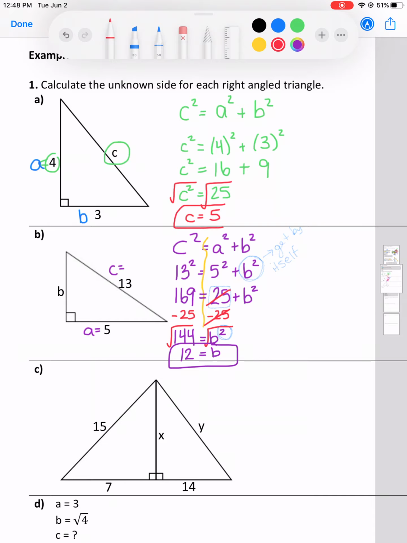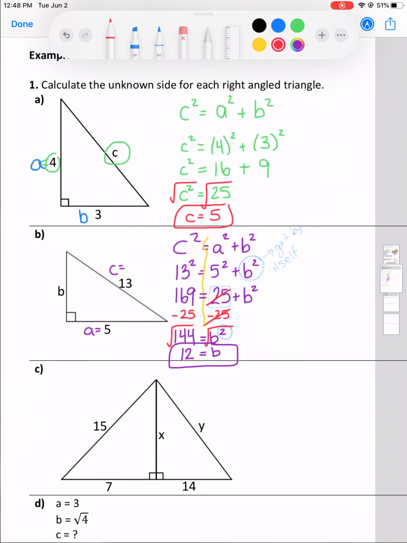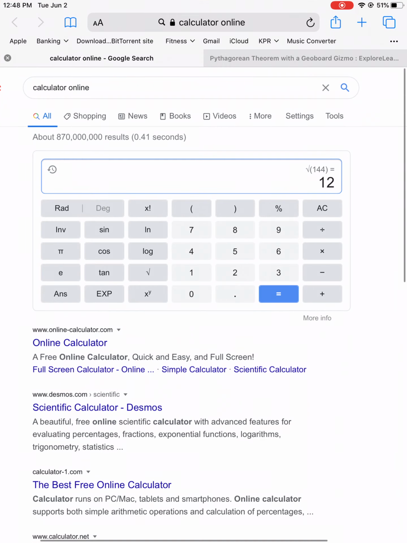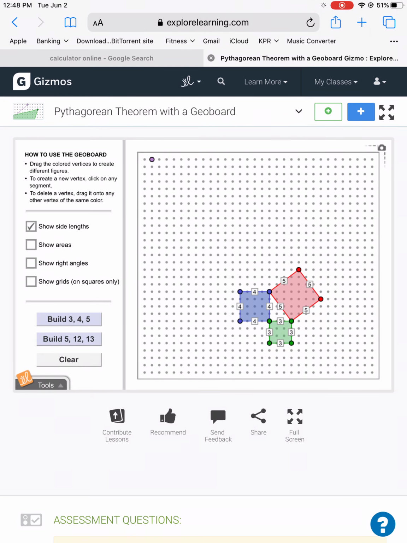One thing I'm going to show you is I'm going to go back to that app. So we have 15 and 13. I'm going to move the blue out of the way.